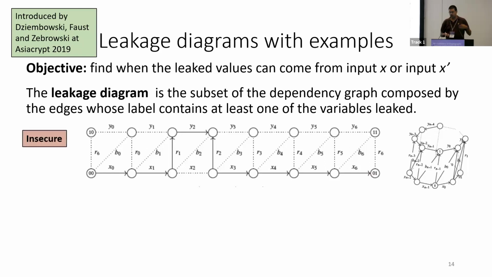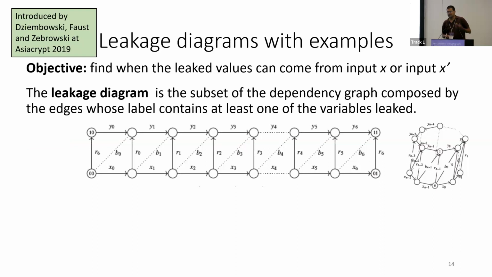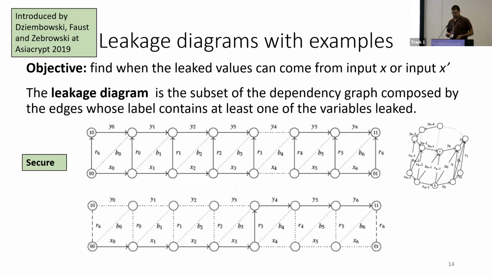Instead, if you leak all variables except x4, y4, and b4, we do not have a loop around the cylinder, and this is secure because we can easily replace x4 with x4 prime, which is x4 plus delta, b4 with b4 plus delta, and y4 with y4 plus delta. In this case, we are refreshing a different value.